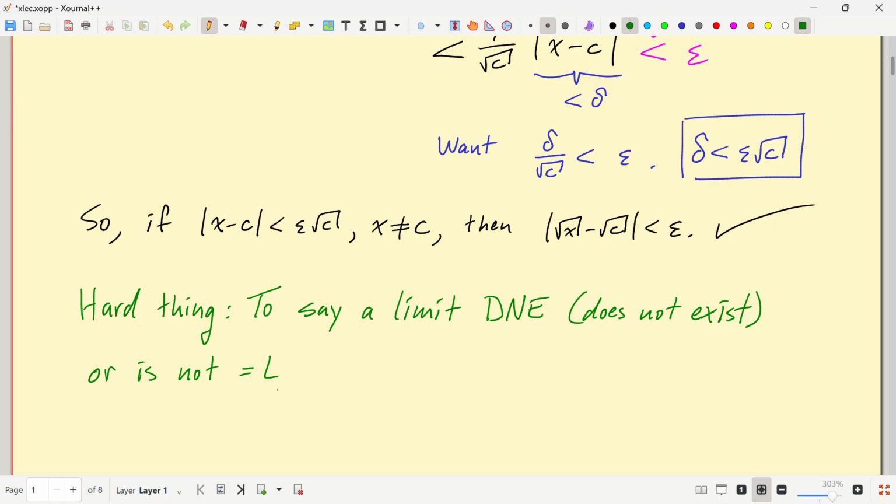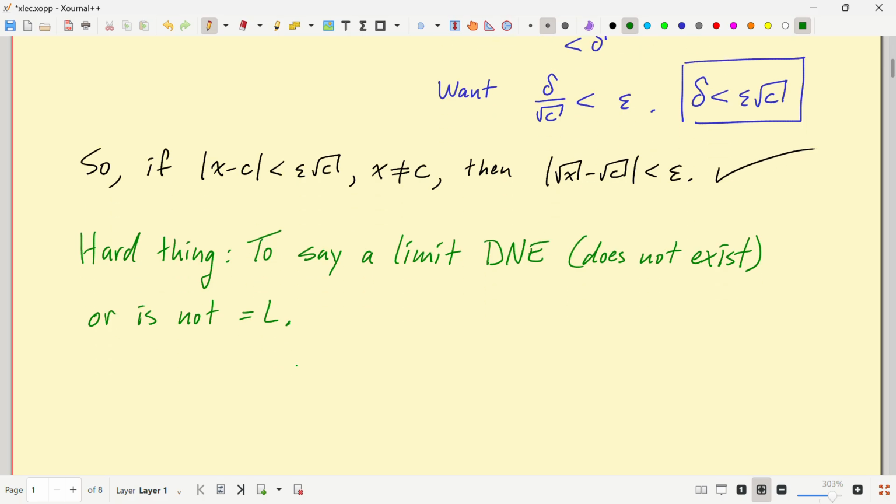And then when you have to say for that epsilon there does not exist a delta such that blah, it gets nasty. It is a mouthful because of all the quantifiers.